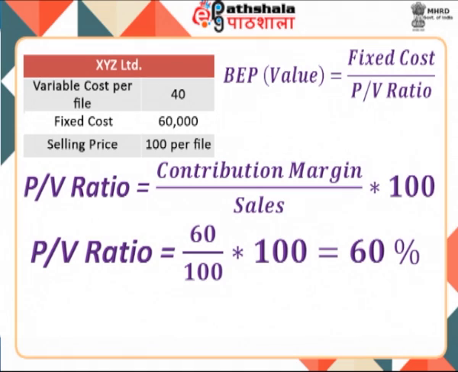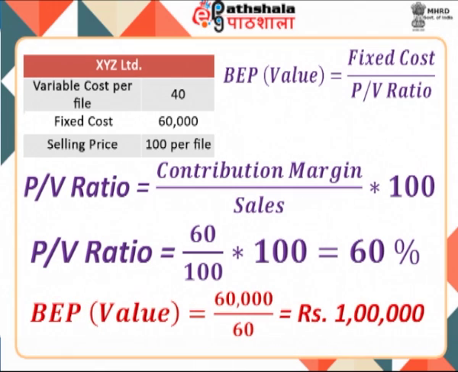Substituting this value in the formula, we arrive at the break-even point in rupees as 60,000 divided by 60%, that is rupees 1 lakh. Now we know how to calculate break-even point in units and value.